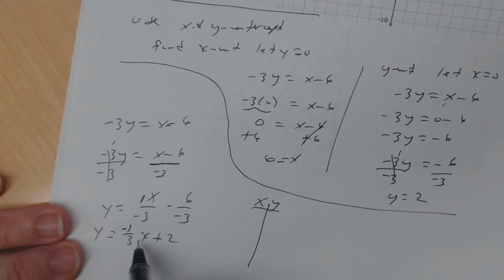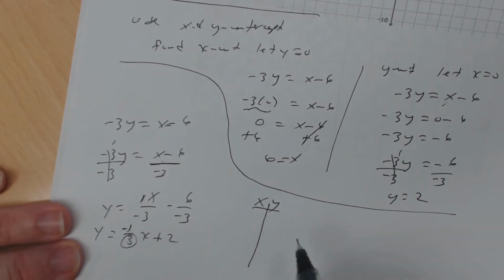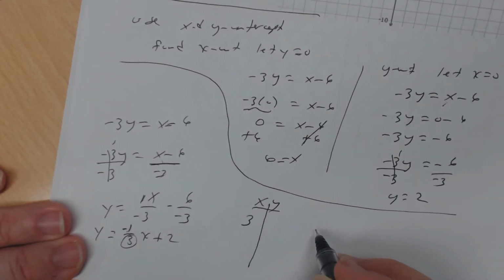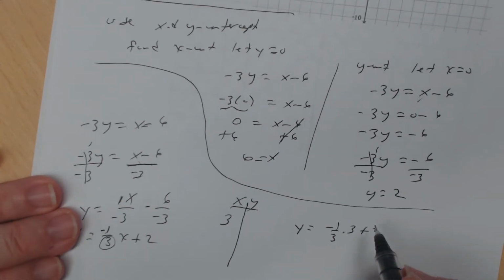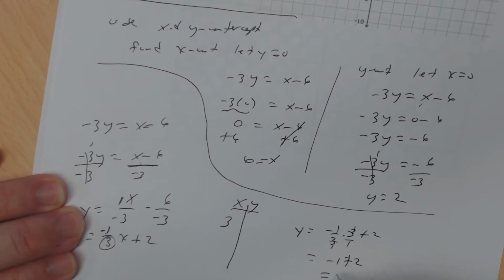And remember, when the slope here is a fraction, you want to choose nice numbers for x. So I'm going to choose numbers that are divisible by 3. So if x is 3, I get y equals negative 1/3 times 3 plus 2. So remember, that's 1, that's 1. So that becomes negative 1 plus 2, which is 1.